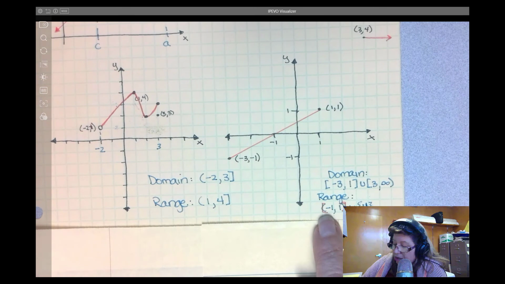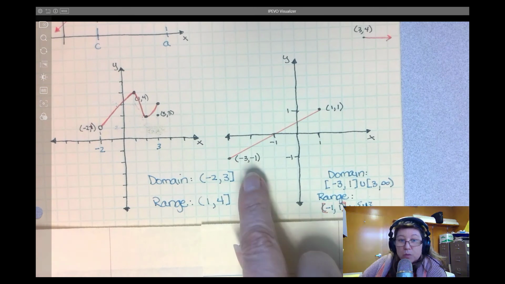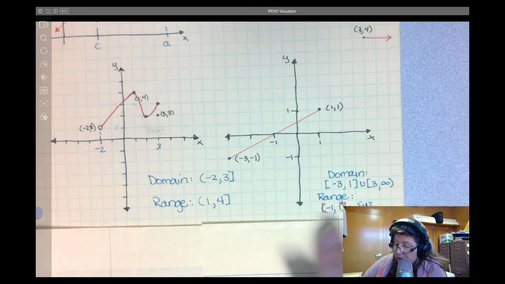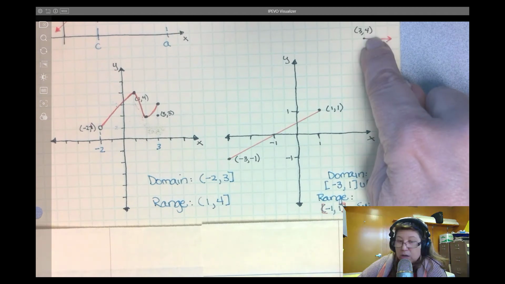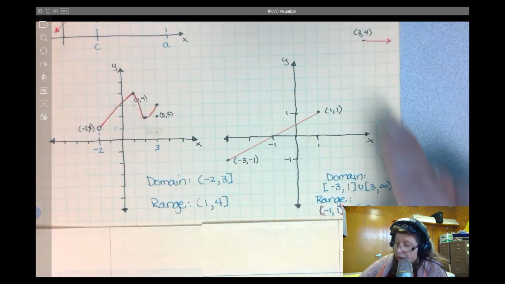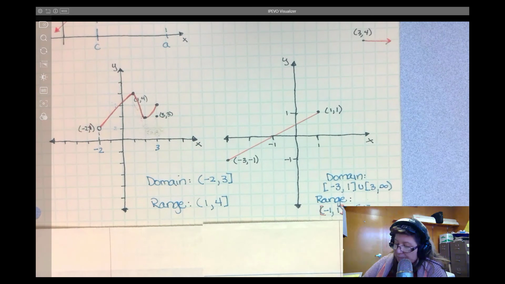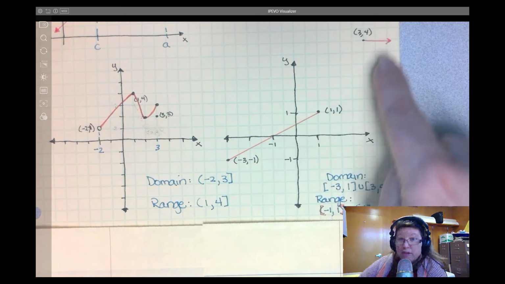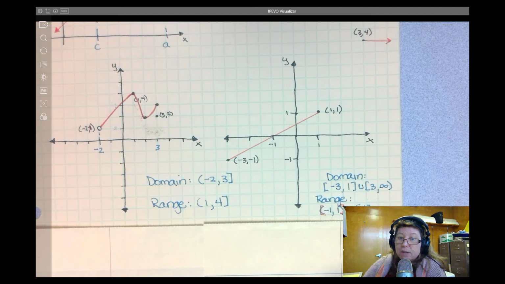For our range, it is negative 1 to positive 1, including those two, so those should be brackets around there. And then 4. When we have just one value, it is in curly brackets to signify that it is a single value. So yeah, with piecewise, you'll have this jump. That usually means you'll have a jump somewhere in there, a little spacer or something.